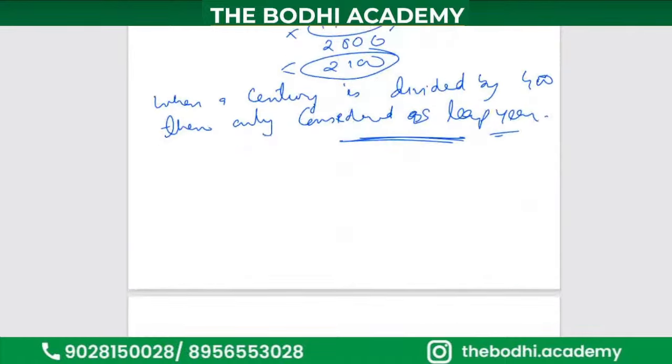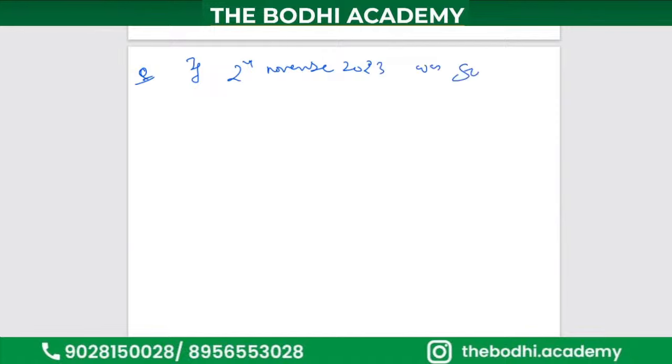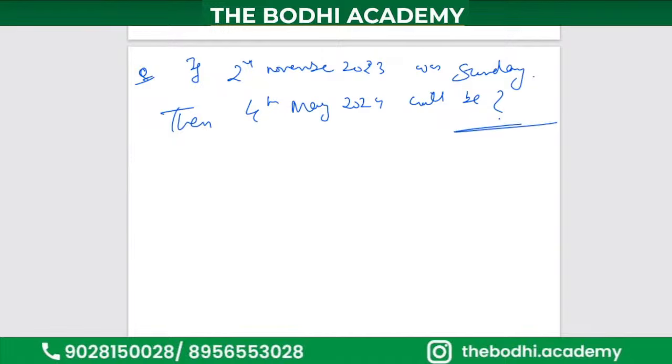Now, next question. If I ask you, if 2nd November 2023 was Sunday, then what will 4th May 2024 be?